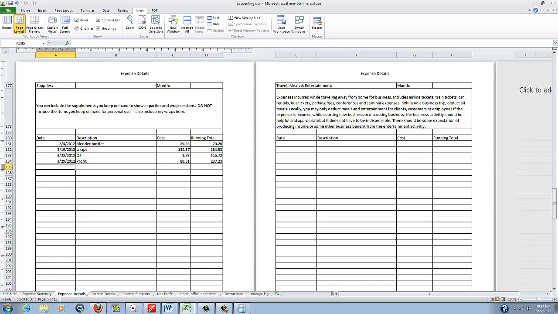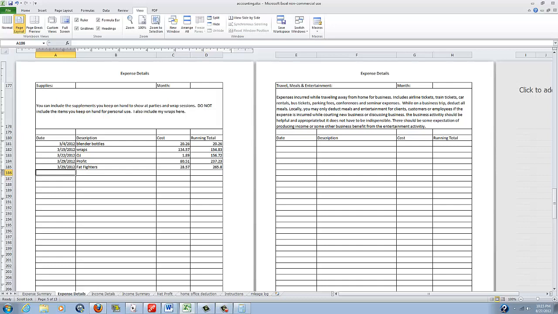We have some Fat Fighter. Again, I'm deducting the full cost because I keep it in my party bag, and this bottle is not for personal use. So that is my supplies.